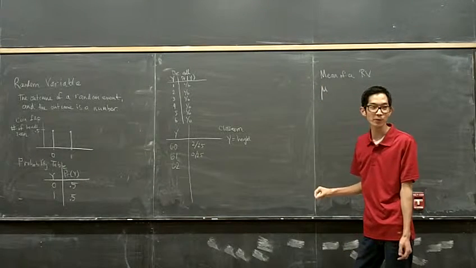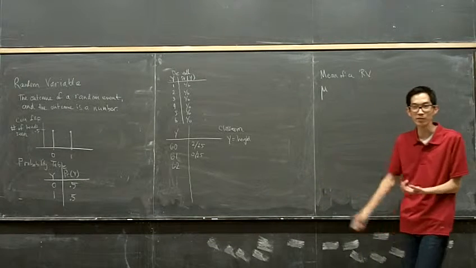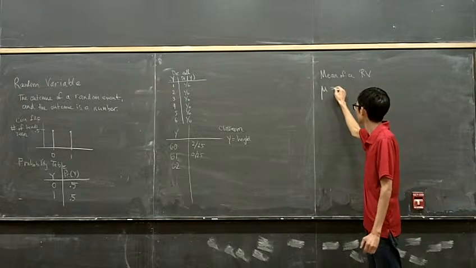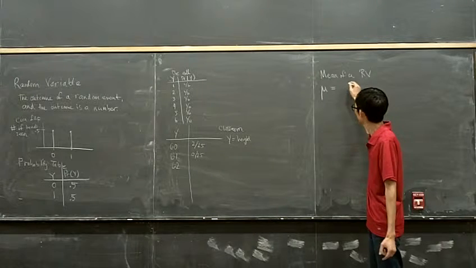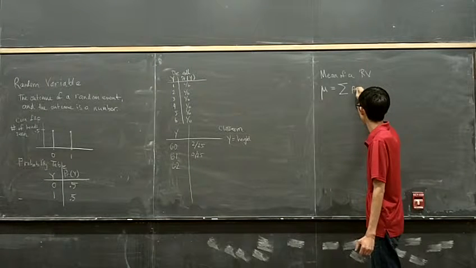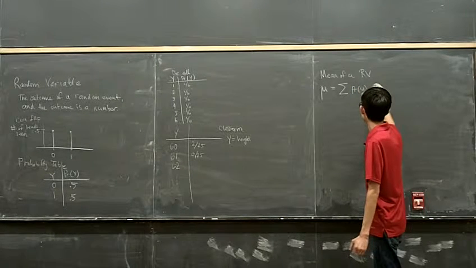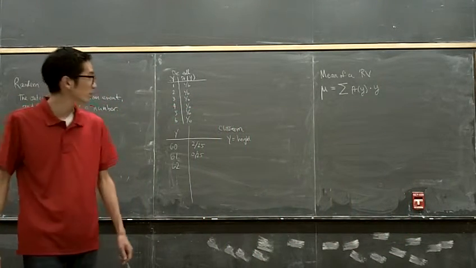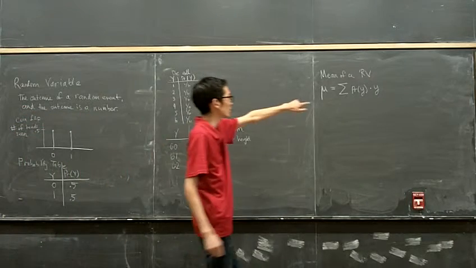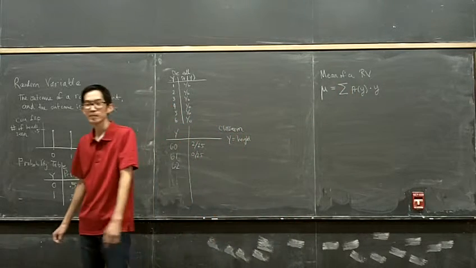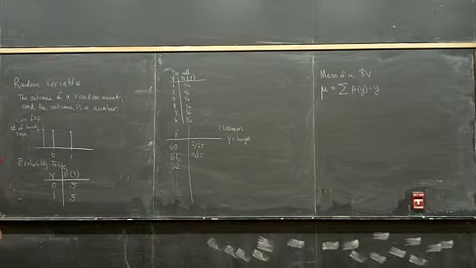It's actually the Greek equivalent of M, M for mean. And for a discrete random variable, this is equal to the sum over all the different outcomes of the probability of y times the actual value y. I might have written this backwards from what the book has. The book switches this: y times the probability of y. I hope that's not too confusing.